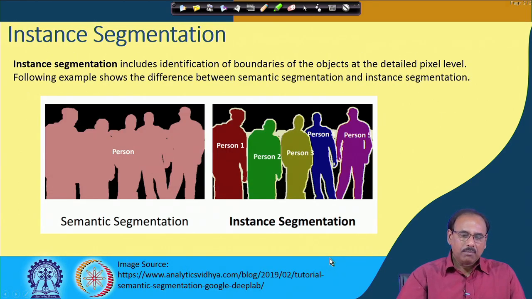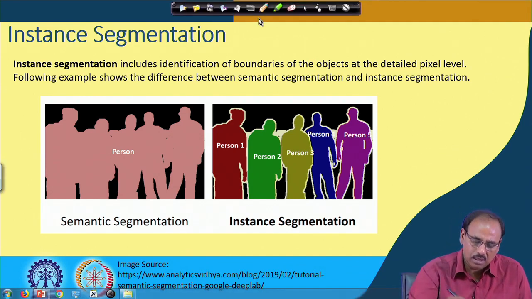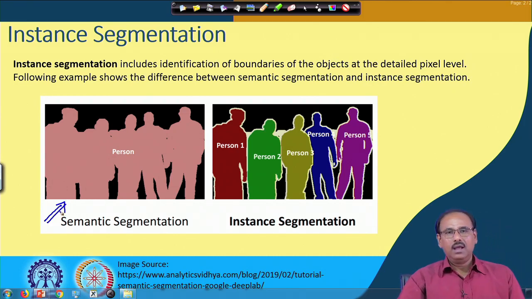Whereas, if we talk about instance segmentation, say for example over here, we have shown 2 different segmentation outputs of an image, where within the image there are 5 persons present. If you see the segmented output shown on the left, you find that all the pixels belonging to the persons have been classified into the same class, that is the person class.